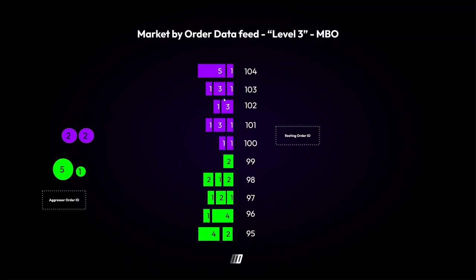Both from the resting order, because every resting order has its own ID, and every aggressor order as well has its own ID. So both from the aggressors and from the resting orders, thanks to MBO, market by order data, the exchange is granting us access to order IDs.